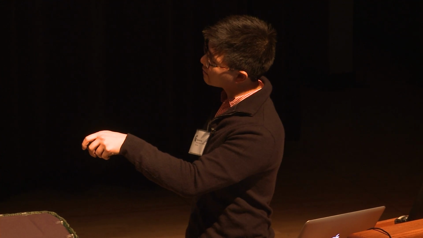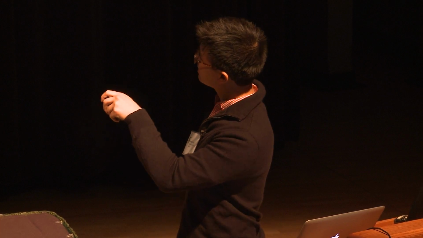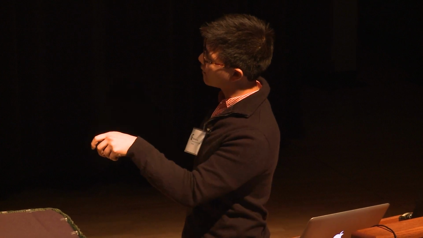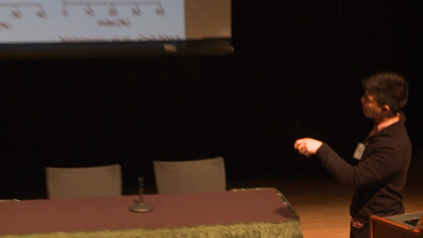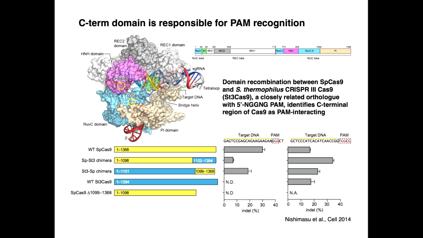Of course, the wild type SP-Cas9, which targets NGG, can target NGG, and also the NGG within this longer PAM site. By taking the C-terminal region of SP-Cas9 and chimerically replacing the C-terminus of ST3-Cas9, you're now able to target NGG PAMs alone.